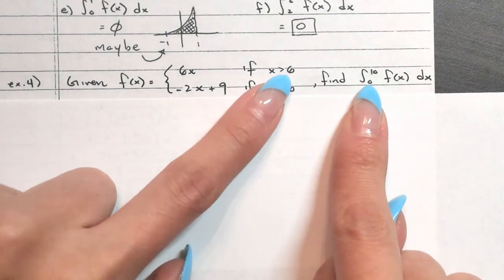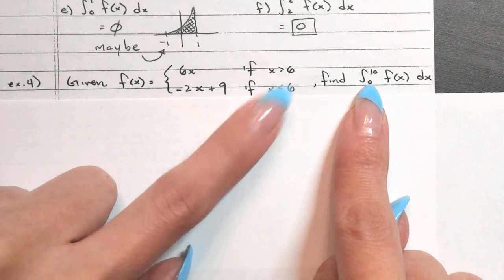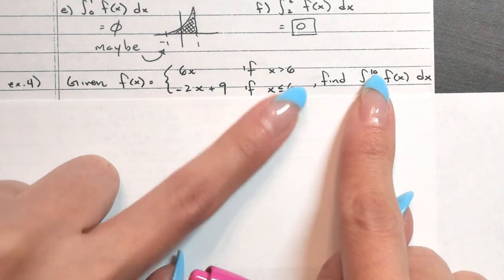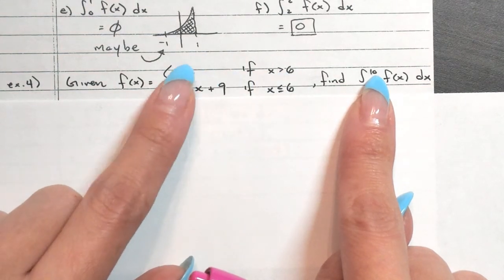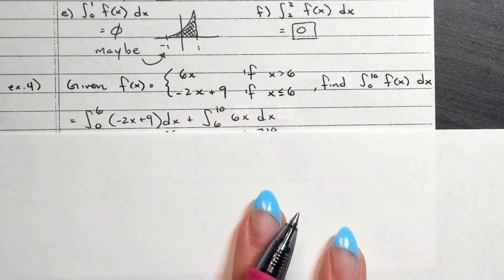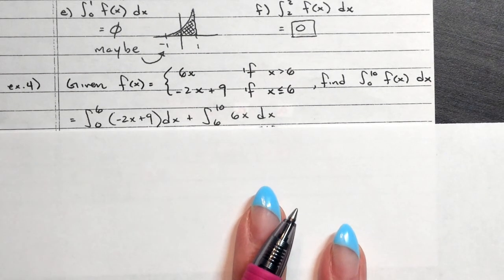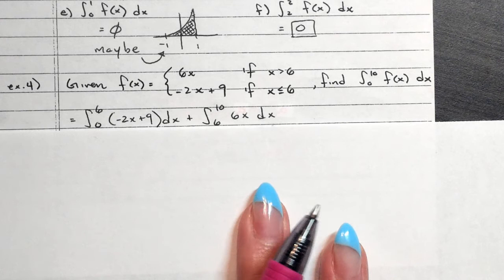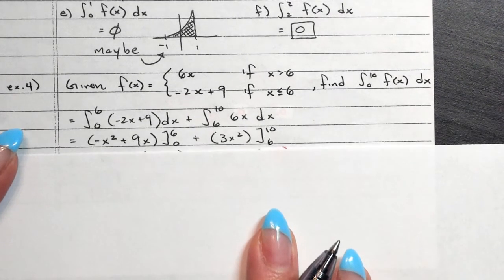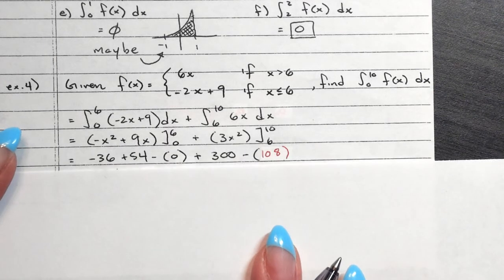So from 0 to 6, I use this function. From 6 to 10, I would have to use this function. Okay, so then I break it up. So 0 to 6 and 6 to 10. And then I can either draw pictures or, it's pretty quick actually to find the antiderivatives and to plug in.